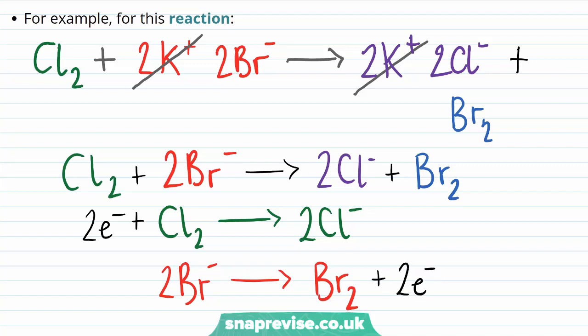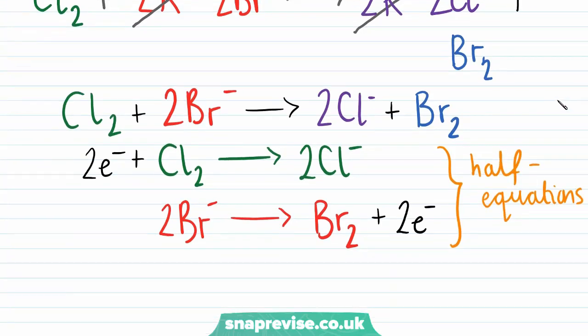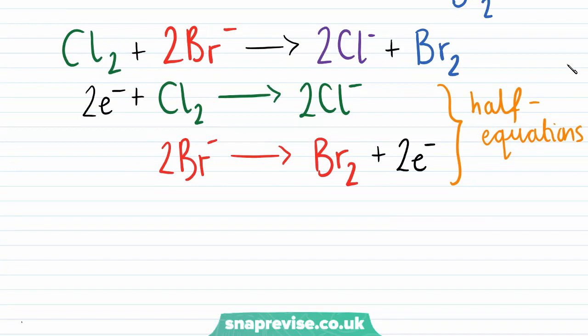You can now see in both cases that the charge is balanced between the left-hand side and the right-hand side of the reaction arrows, and these are therefore our half equations. You can see if you added these half equations together, the electrons would cancel out from each side, and this is why no electrons appear in our overall equation.